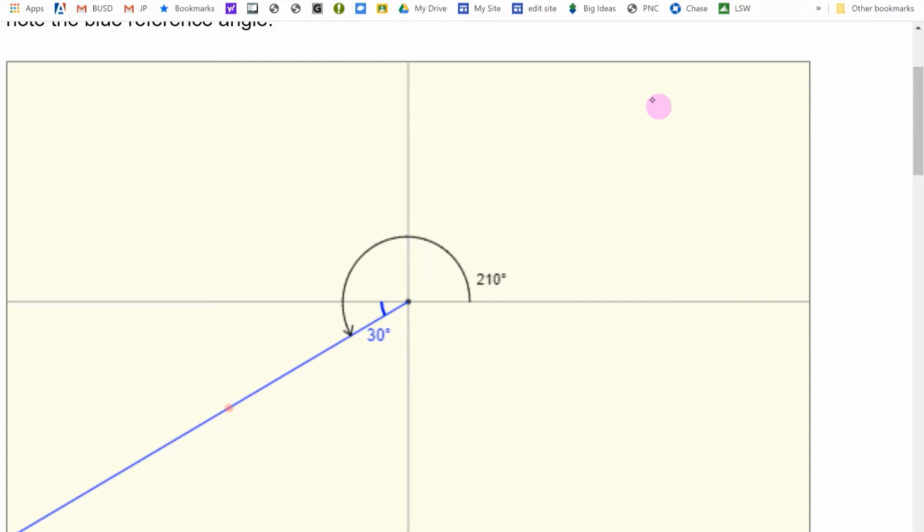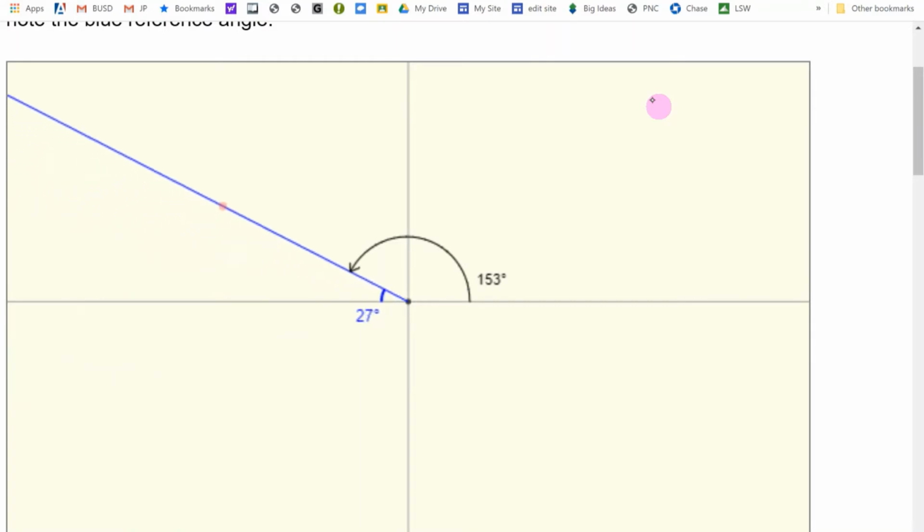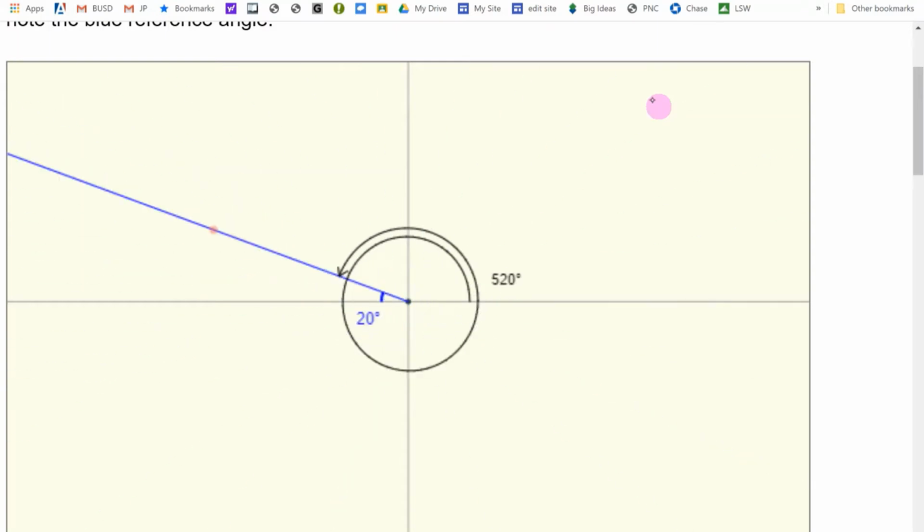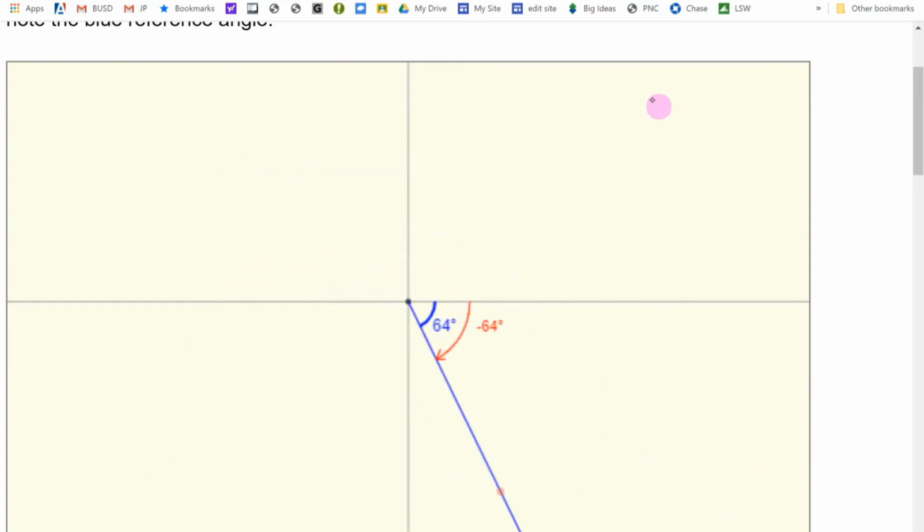Because it's a 30-degree reference angle, the sine value at 210 is also 1/2. Again, it's negative because it's pointing downward. Okay, at 150, the reference angle is 30, so the sine value is 1/2. It's positive because it's going up, and so on and so forth. So the reference angle is how far away the terminal line is from the x-axis.